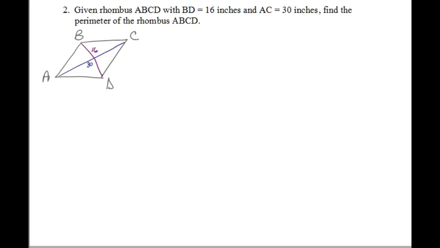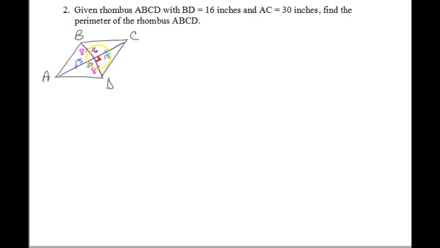One of the things that we talked about yesterday was that the diagonals bisect each other in a parallelogram. So this part would be 8, that part would be 8, this part would be 15, this part would be 15.